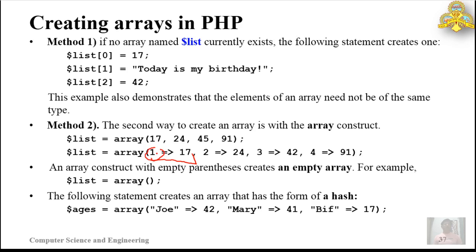It can be any non-negative values, and we can also use numbers as keys. See in this list, 1 is used as the key for 17, 2 is used as the key for 24, 3 is used for 42, and likewise 4 is the key for 91.